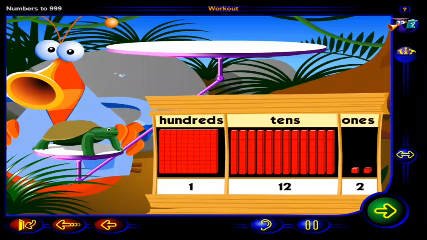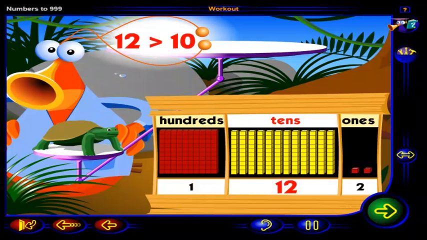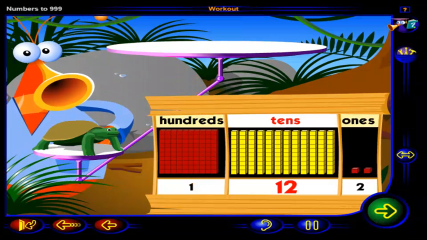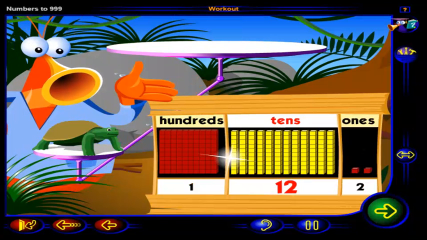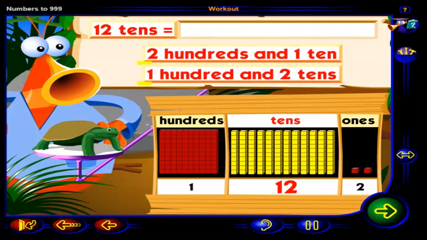Let's take a closer look at these blocks. There are 12 tens in the tens place, and 12 is greater than 10. So, you can group some of these tens into hundreds. How many hundreds and how many tens are in 12 tens?